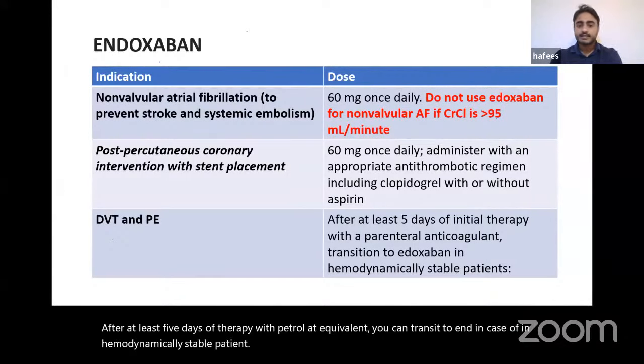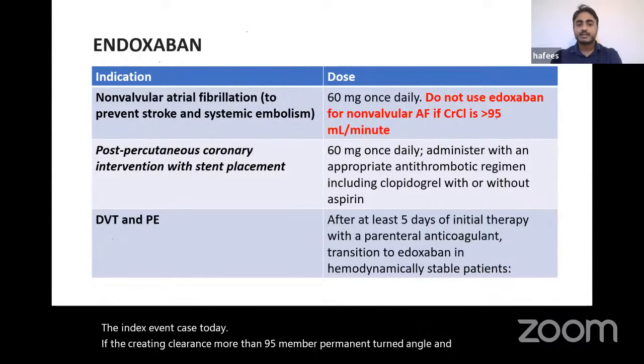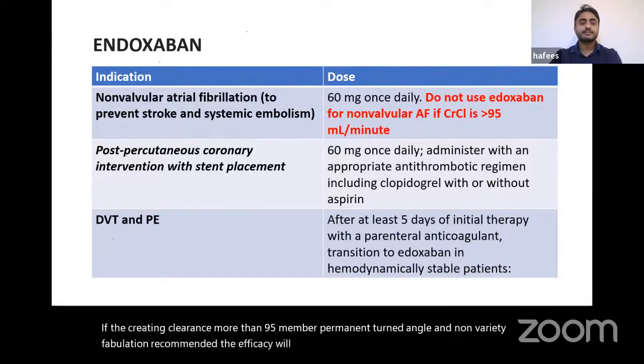So in the edoxaban case, if the creatinine clearance is more than 95 ml per minute in non-valvular atrial fibrillation, the efficacy will be less.